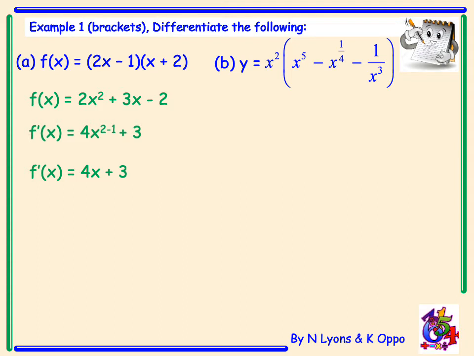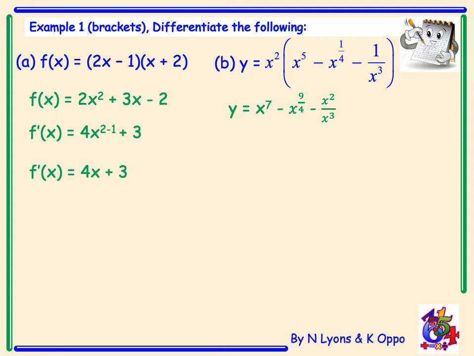Looking at the second example, we've got y equals x squared multiplied by a bracket. So the first thing we need to do is expand this bracket. Now remember, when you are expanding a bracket, we need to multiply each term in the bracket with the x squared. And when we're multiplying letters, we add our powers.